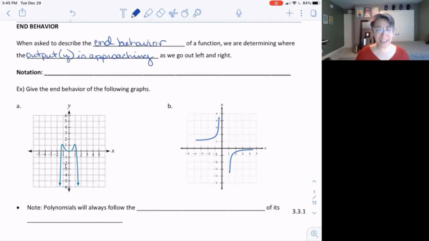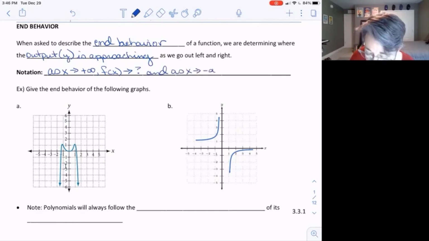So the notation for this, we might say as x is approaching positive infinity, f of x is approaching something, question mark. And as x is approaching negative infinity, in other words, going to the left, our function f of x is approaching what? So as our x is going right, or as our x is going left, our y is going where? So let's do a couple examples.